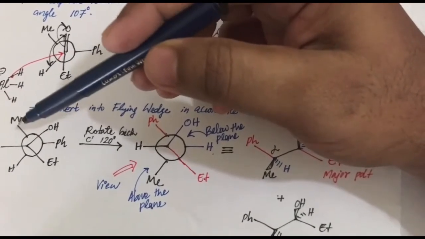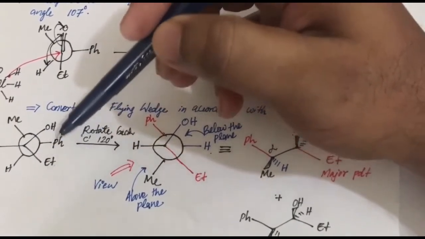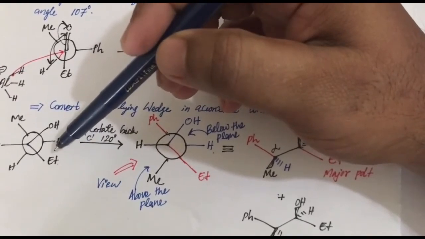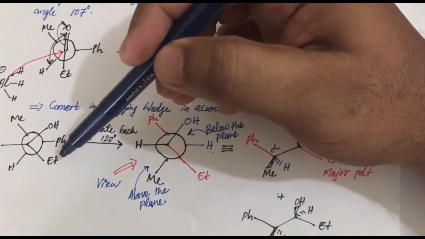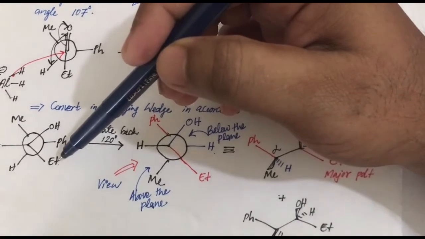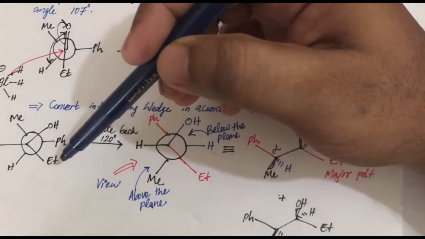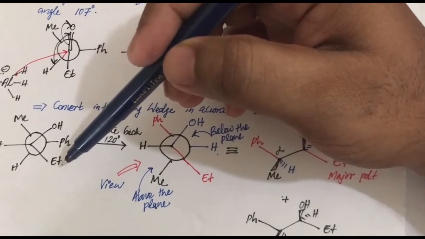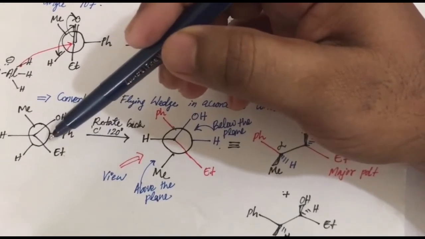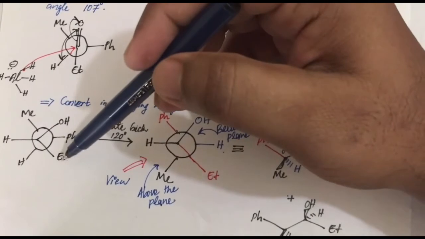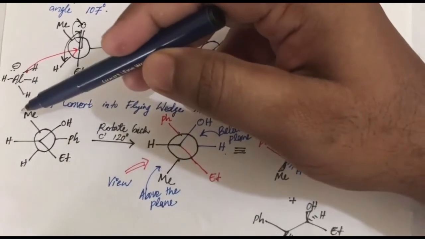Here Et and Me are not at all coplanar, so I want to convert them to coplanar. Coplanar means they are in the same plane of paper. That's why I mentioned coplanar.